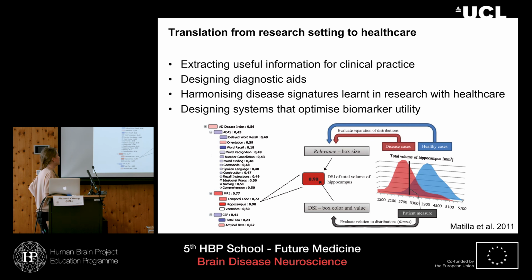And this leads directly into the idea of designing the best diagnostic aid, which is also incredibly tricky. So here's an example that someone made in Alzheimer's disease, where they have a disease index, and then they have different probabilities of different biomarkers becoming abnormal.